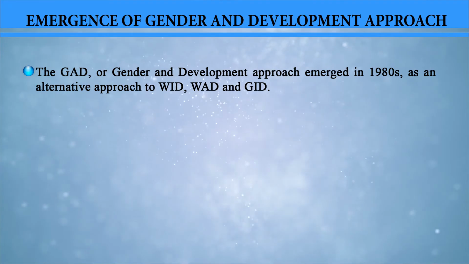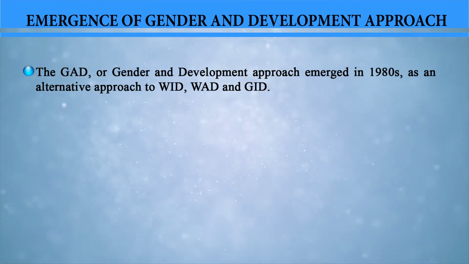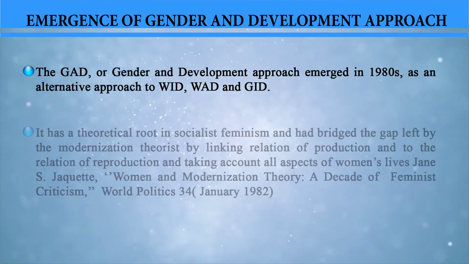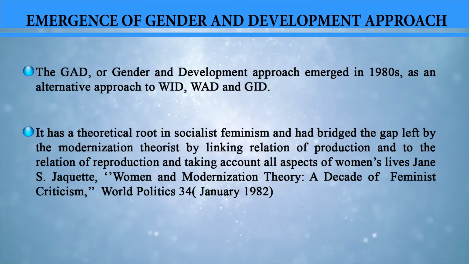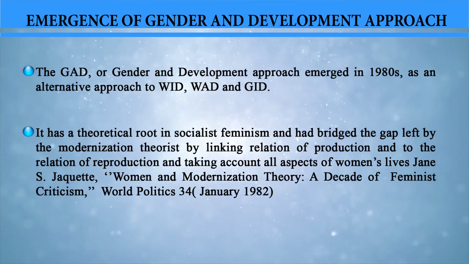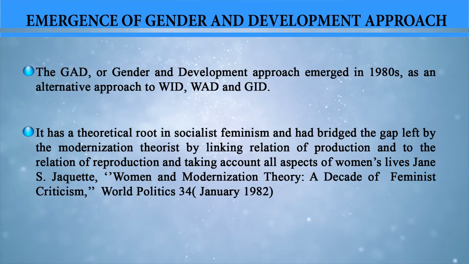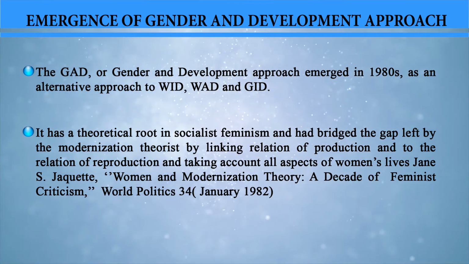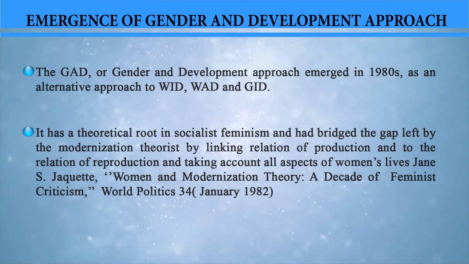So after critiquing the WID approach, the Gender and Development approach emerged in the 1980s. It has its theoretical root in socialist feminism and bridged the gap left by modernization theorists by linking the relations of production and the relations of reproduction, and taking account of all aspects of women's lives.